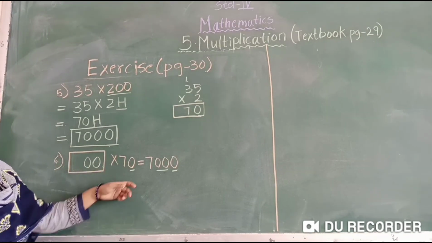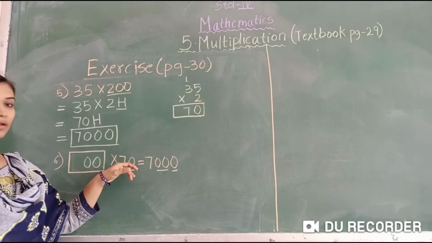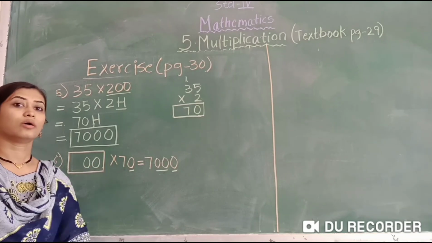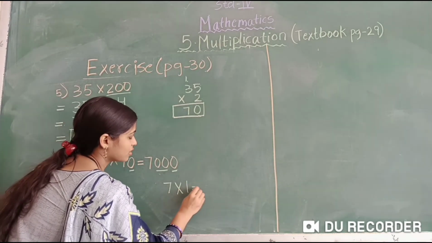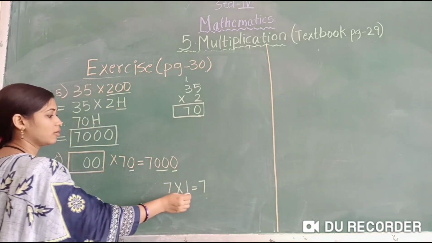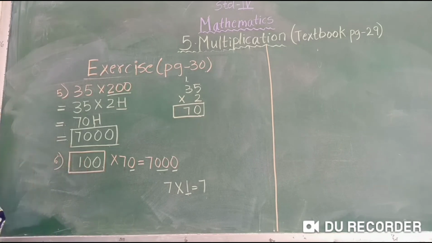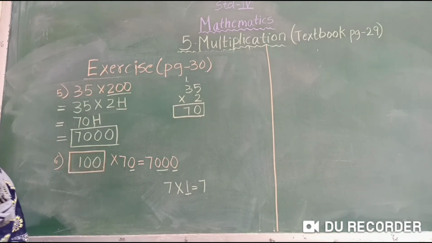And what will we multiply 7 by? 7 ones are 7. See, 7 multiplied by 1 is how much? 7. Therefore, what will we write here? 1. 100. 100 will be the answer.